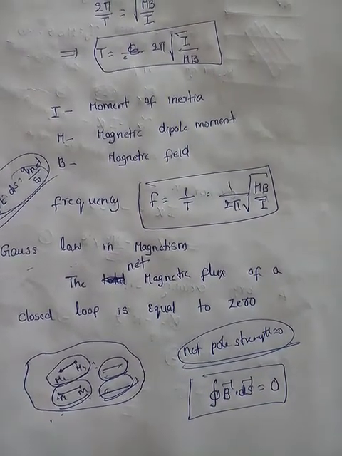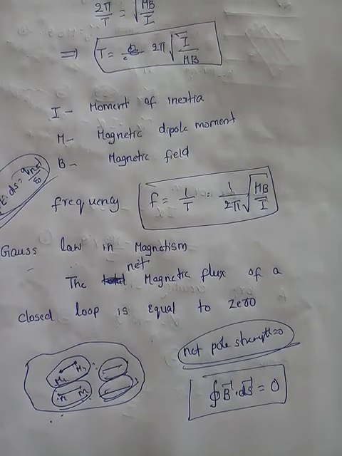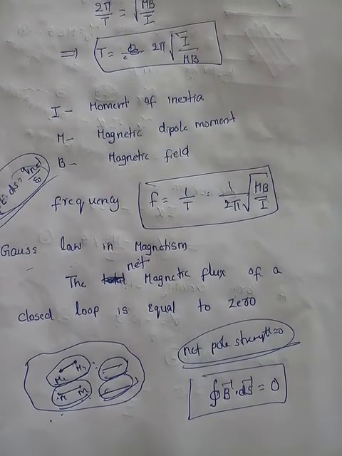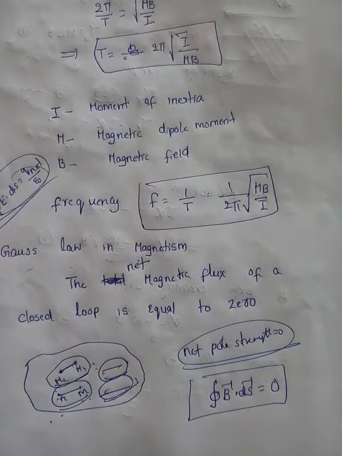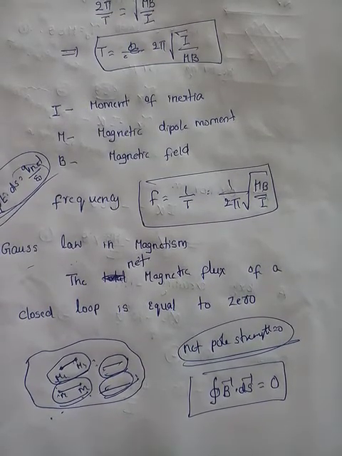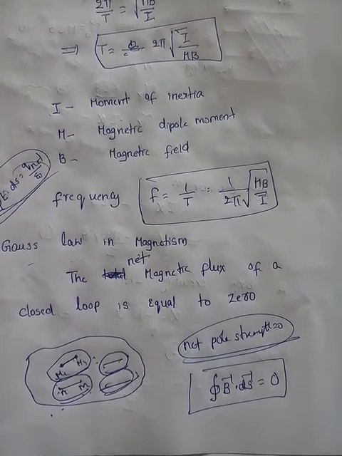This is what? Gauss law in magnetism. So this is an important statement for 1 mark. You can write and explain what Gauss law in magnetism is. What is that? The total or net magnetic flux over a closed surface is equal to what? 0. Clear? Yes. Thank you.